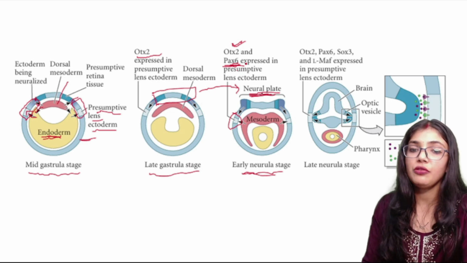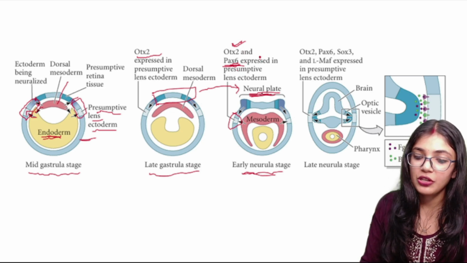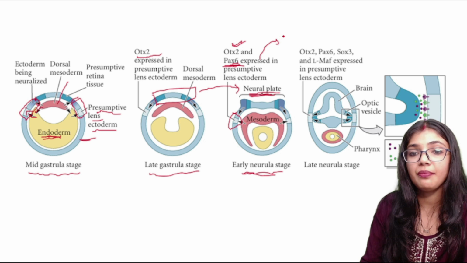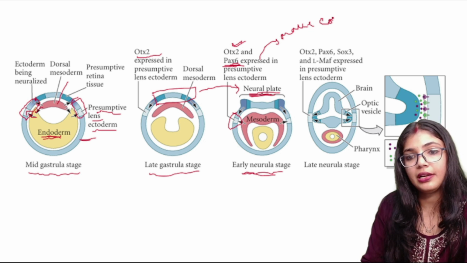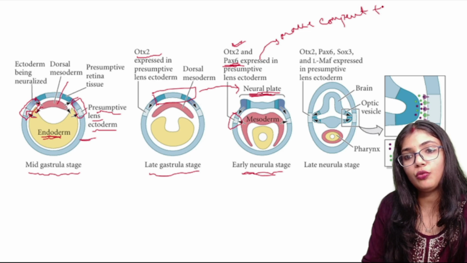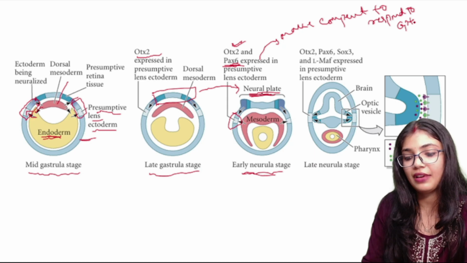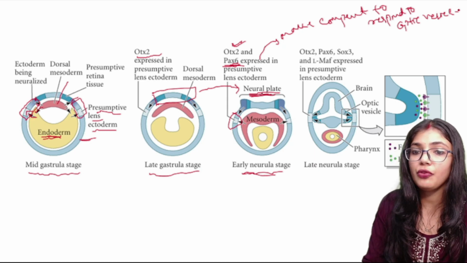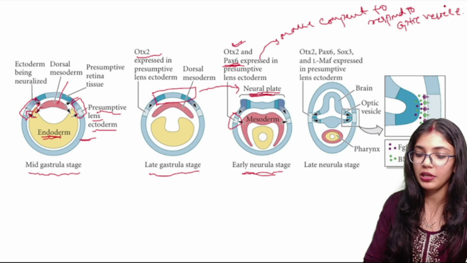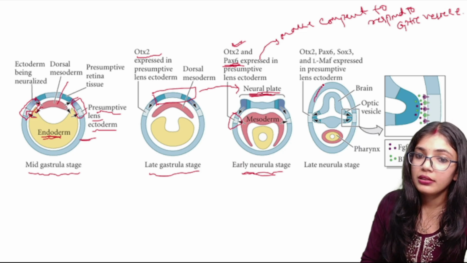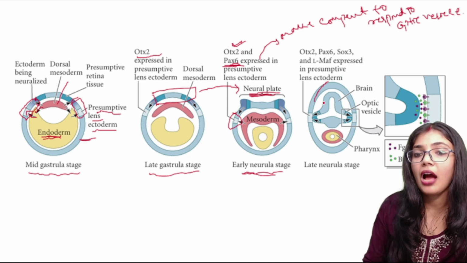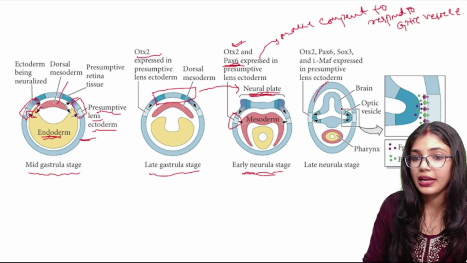Now, after the expression of PAX6, it makes the cell competent to respond to the optic vesicle. Where is this optic vesicle formed? Here we can see this is the ectoderm, and below that there is the brain.